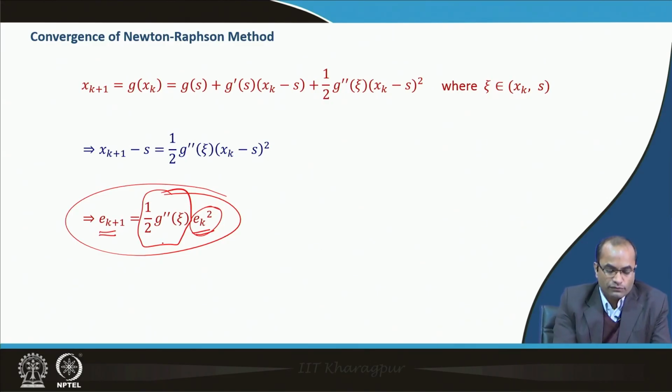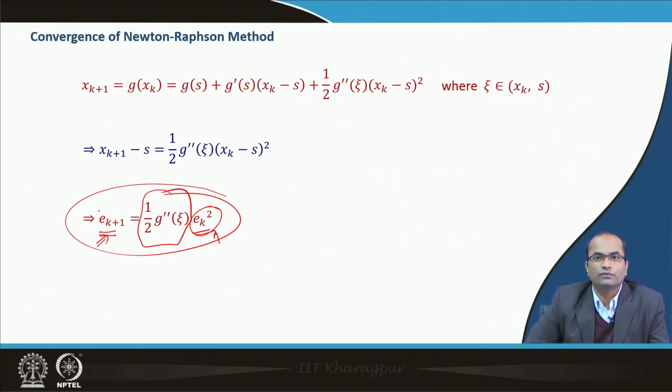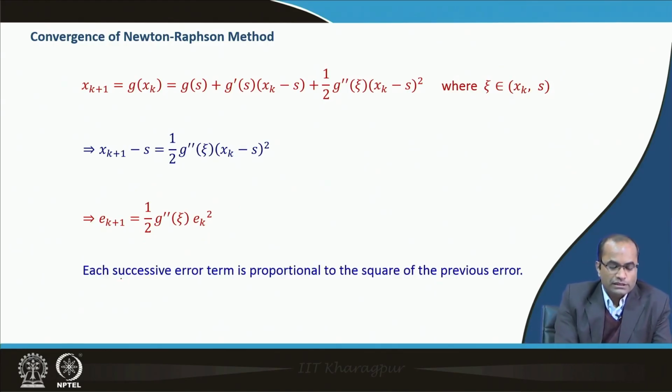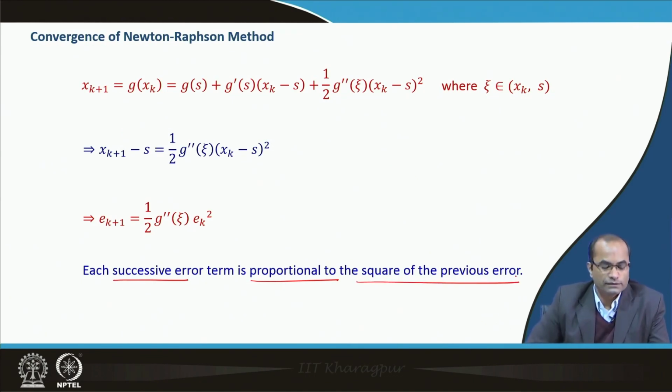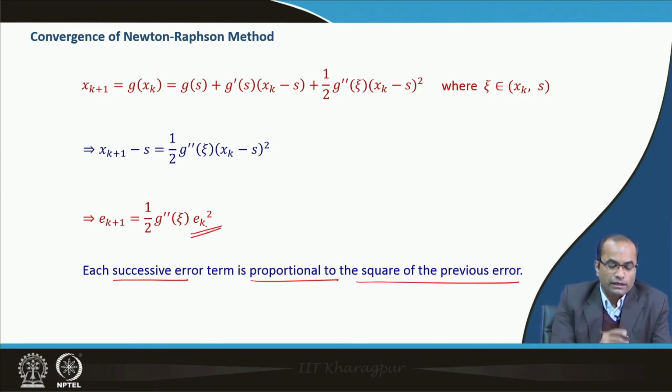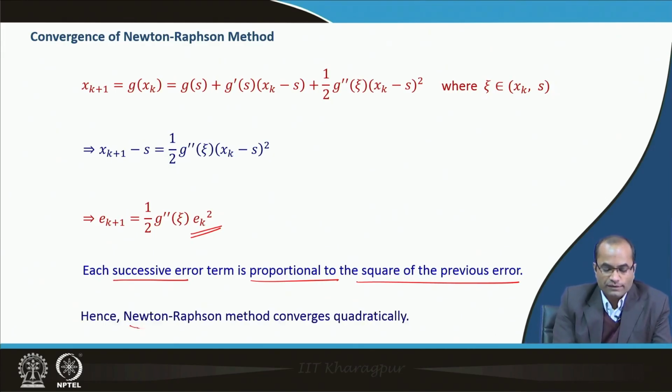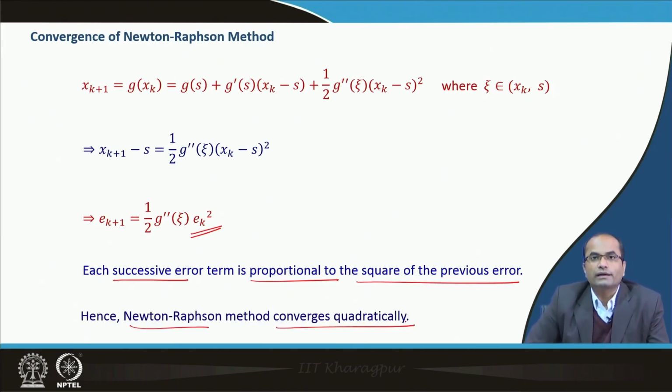So, this is important, that whatever error we have at kth step, that will be squared, and then we will get the next error. So, if it is a small value, we will get a very small value for e k plus 1, because we are getting here the square of the previous error. So, each successive error term is proportional to the square of the previous error, and that is good news, because it shows the quadratic convergence towards the actual root. So, the Newton-Raphson method converges quadratically.